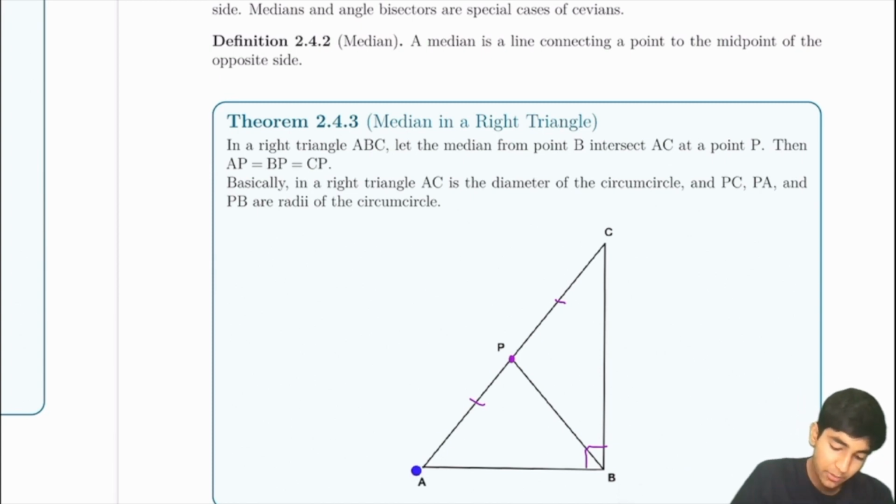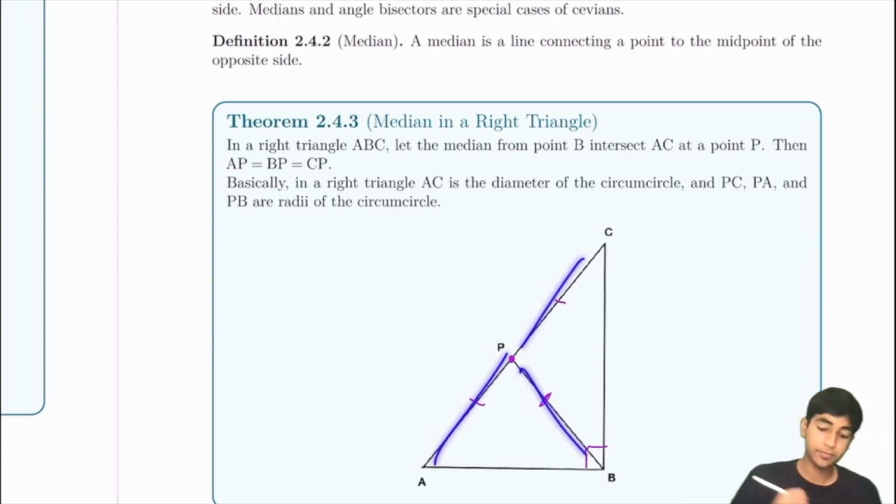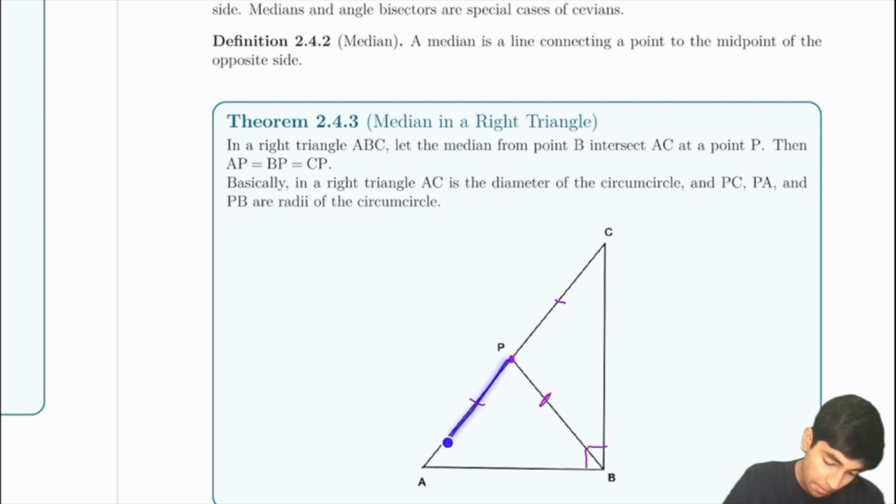Because it's a median, we have AP equals PC. And in a right triangle, there's a special property that AP equals PC equals PB as well. All three of these will be equal. Because of the midpoint condition, these two are equal, and this is equal by something else. The reason that's equal is because we can draw a circle.